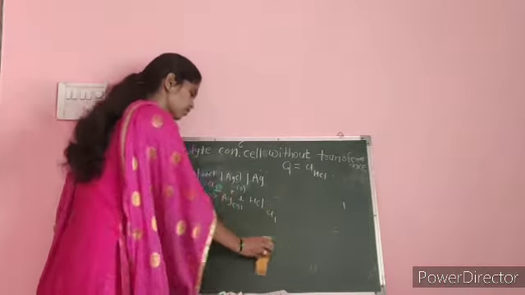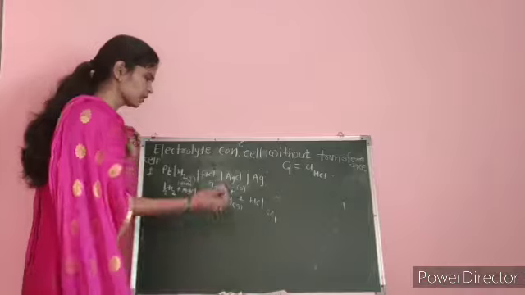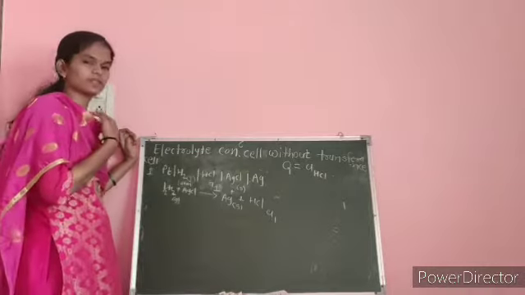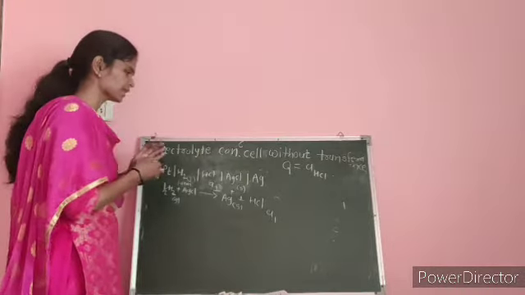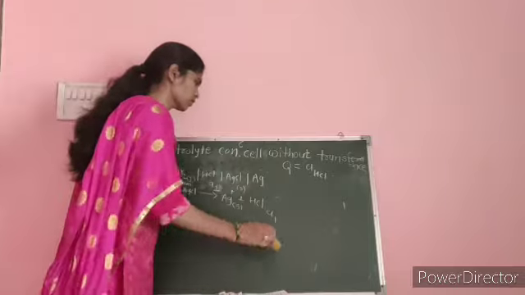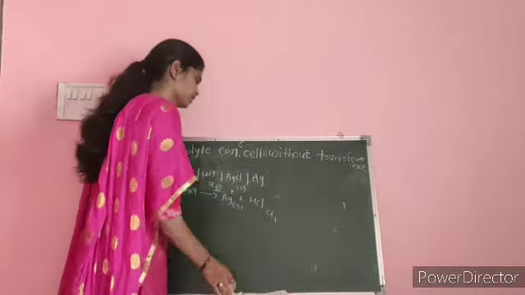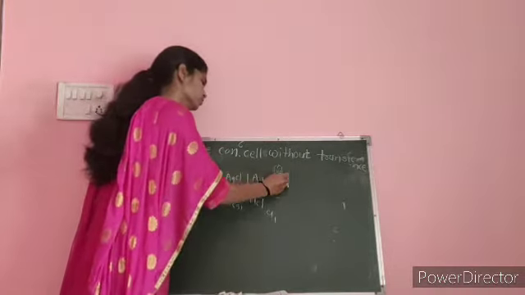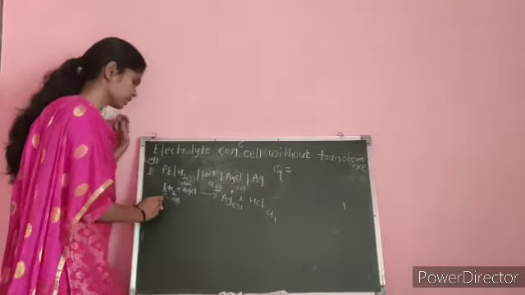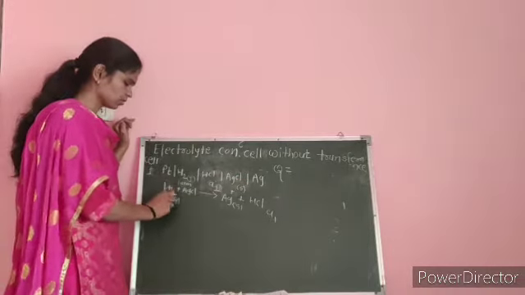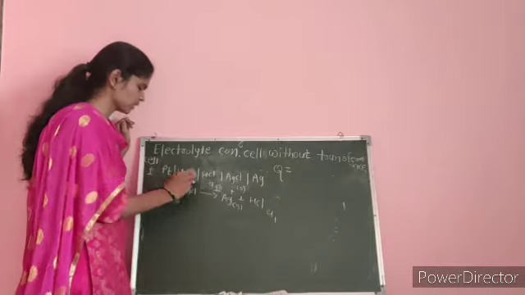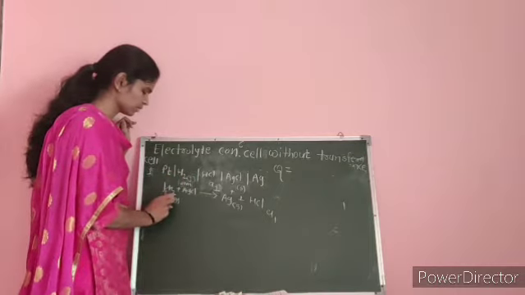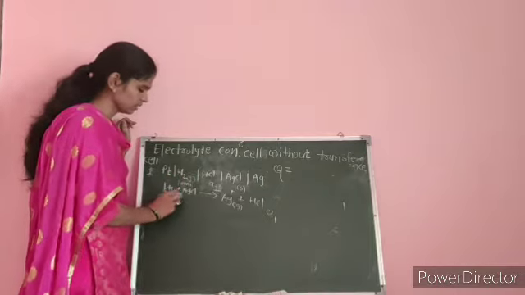Next, from this net cell reaction, we first calculate the reaction quotient, that is Q. For this cell reaction, H2 gas is at 1 atmospheric pressure, therefore the activity of H2 gas is 1.